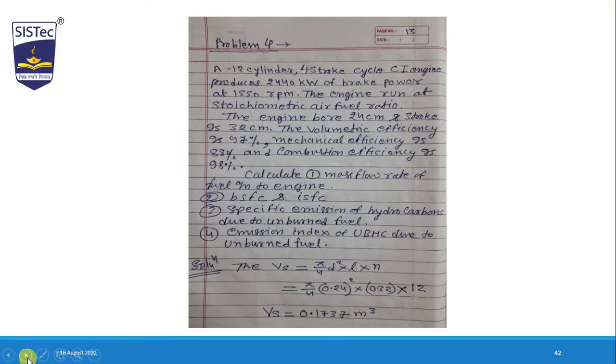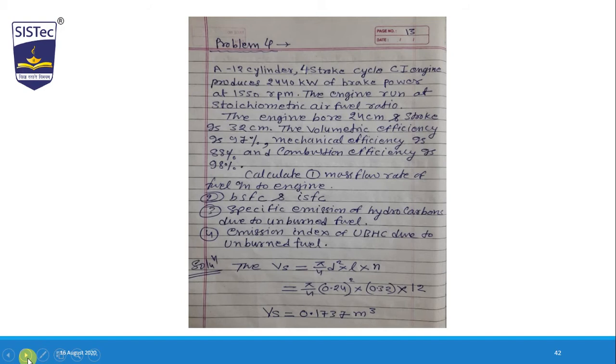Now continue with problem 4. A 12-cylinder 4-stroke cycle compression ignition engine produces 2440 kilowatt of brake power at 1550 rpm.